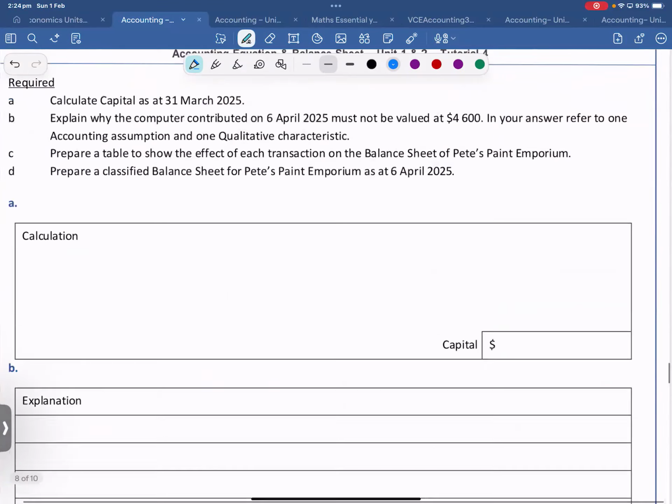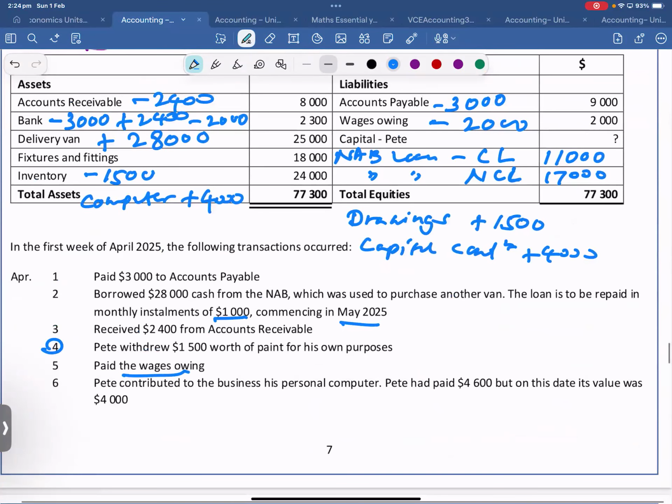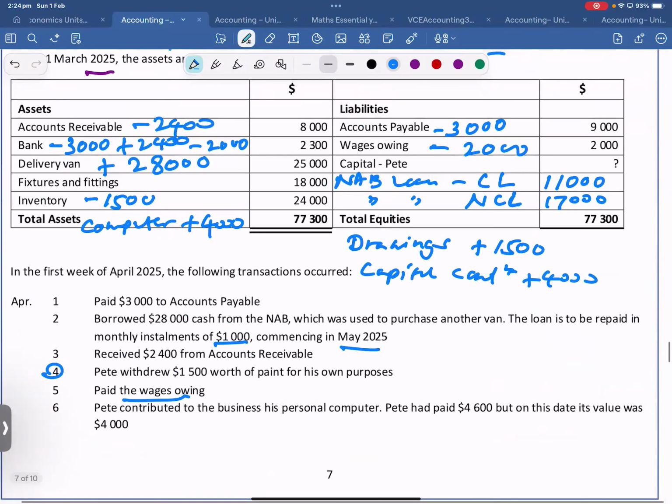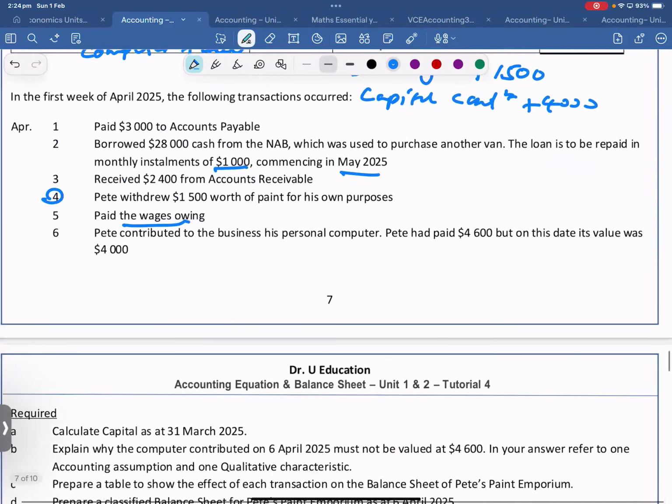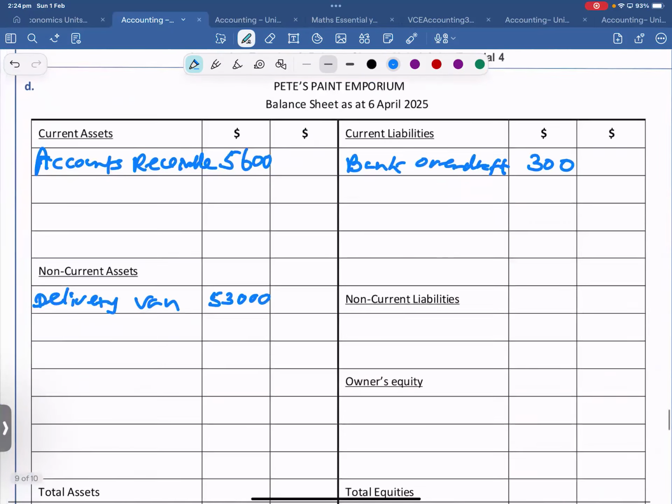Okay. Next one. Fixtures and fittings as it is, 18,000.